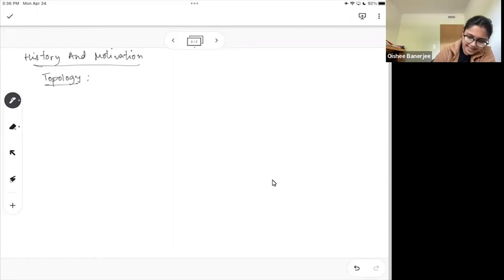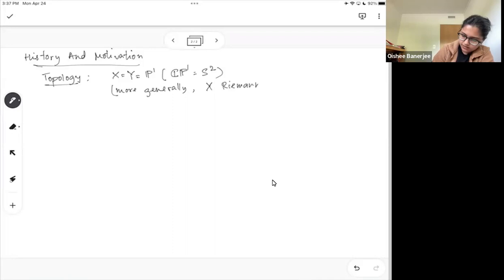So suppose X and Y are just, I'm going to write P^1. You can think of it over the complex numbers, in which case it's CP^1, the two sphere. And more generally, one can also consider X to be a Riemann surface, or equivalently a smooth projective curve.